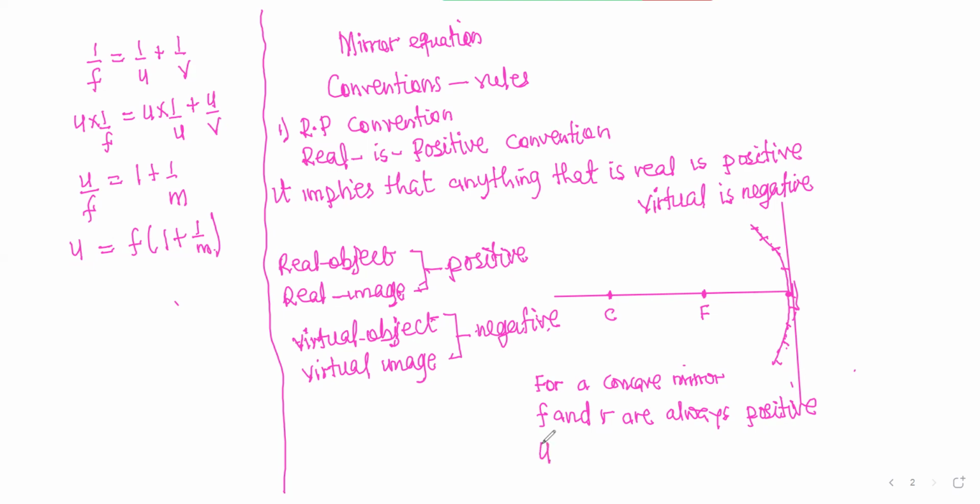Object is always real. It's a real object that is placed in front of the mirror for light to be incident and then get reflected. So U is positive, because we are always dealing with real objects.